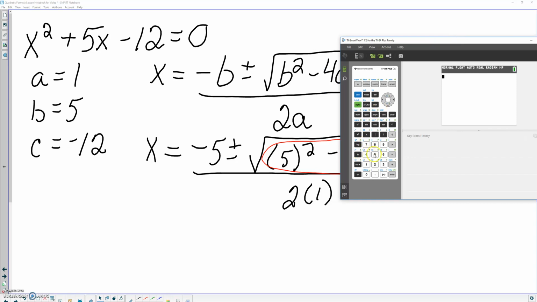Okay, so that expression was 5 squared minus 4 times 1 times negative 12. Okay, so again, I'm putting it in my calculator just as I have it on my paper. So that entire expression underneath the radical is 73.